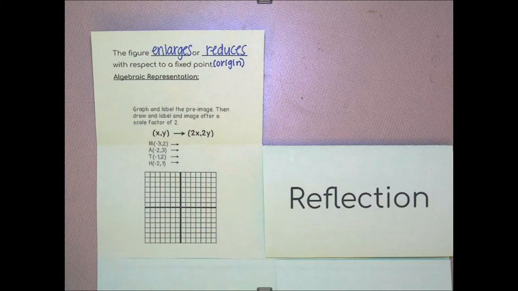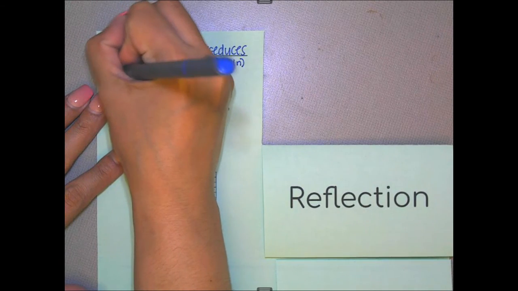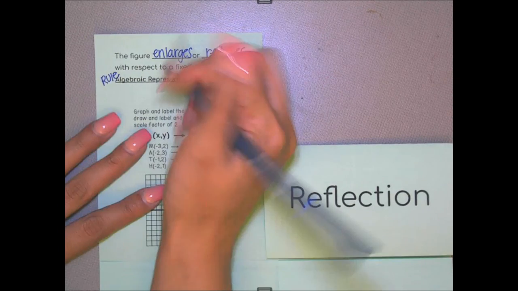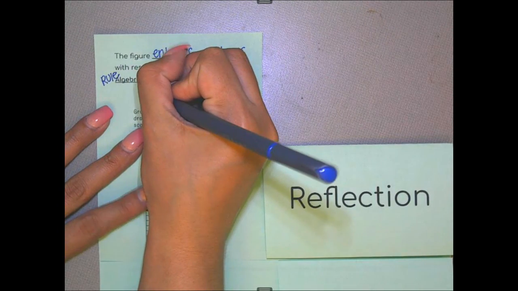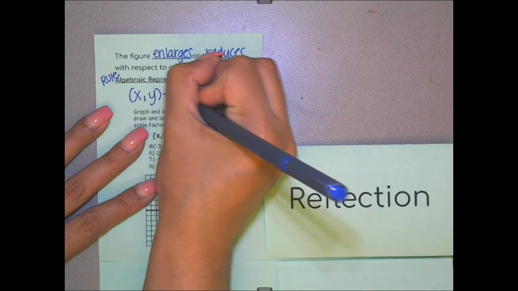All right. The next part says algebraic representation. I know that sounds a little intimidating, but we also call that the rule. When we have any transformation or dilation, our rule is always going to start (x, y), and then they're going to turn into something.